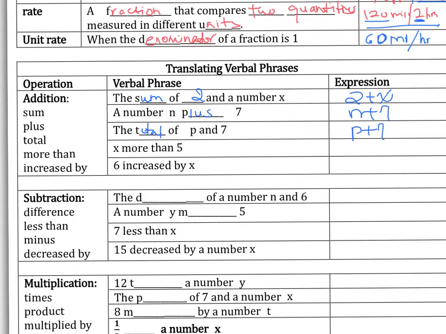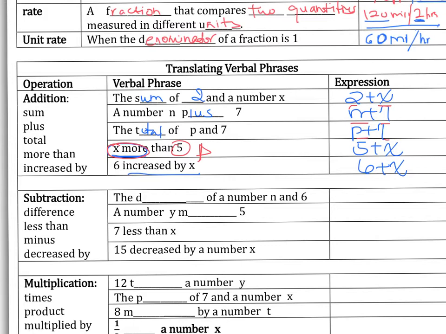X more than 5, because it means x more, so you have to begin with 5. 6 increased by x: 6 plus x. The position of these numbers and variables does matter, okay? Especially for this one. It's not x plus 5. It's 5 plus x, because it's x more than the number 5.